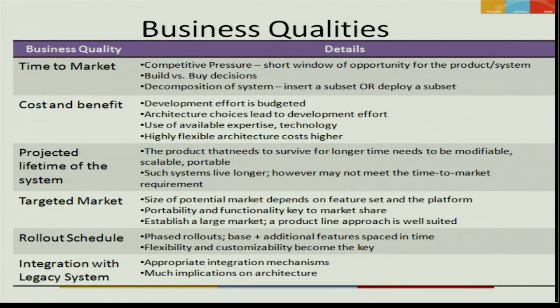Rollout schedules are essentially decided much earlier in consultation with the architect. It's always a phased rollout where there are base plus additional features spaced in time, and flexibility and customizability become the key parameters. Integration with legacy systems is a requirement, and that means you need to address the integration mechanisms well. You need to make a technology choice so that integration with legacy systems becomes feasible.